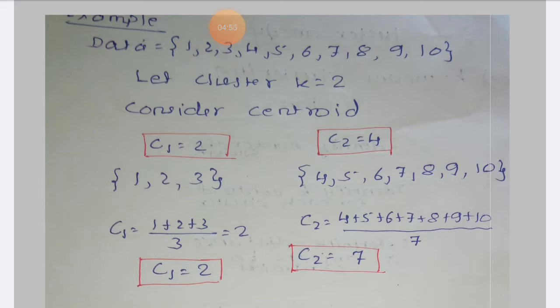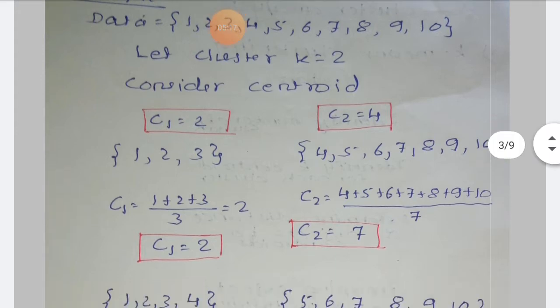After calculation, I am getting C1 as 2 and C2 as 7. Now check whether these cluster centers C1 and C2 are the same as the previous C1 and C2. No, C1 is the same 2, there is no change, but C2 has changed from 4 to 7. If it is not the same, then again do the same procedure.